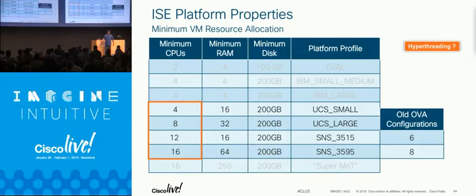If you look at this number, it says for 3515, it should be 12 CPUs, which means hyperthreading is enabled. But when we released the OVA, we had 6 and 8, so half of these, right? That's why the performance numbers were pretty low, and we had some issues with that.